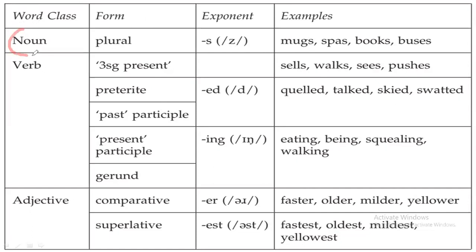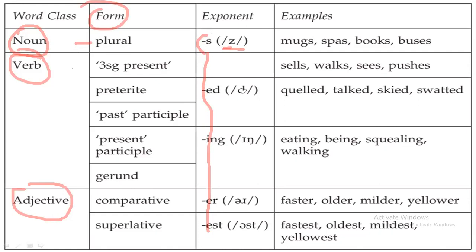You can see word class here: noun, verb, and adjective, and form, plural. And these are all called exponents, simply. S is pronounced as the z sound of English.